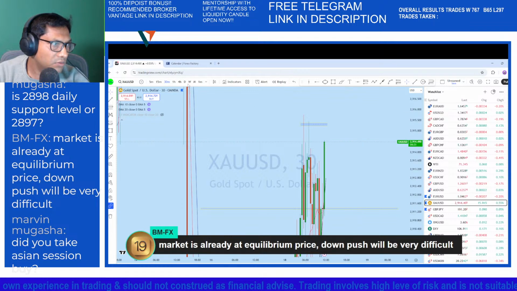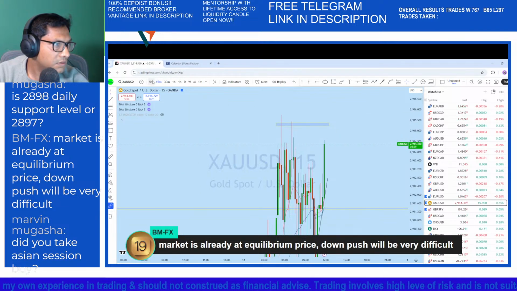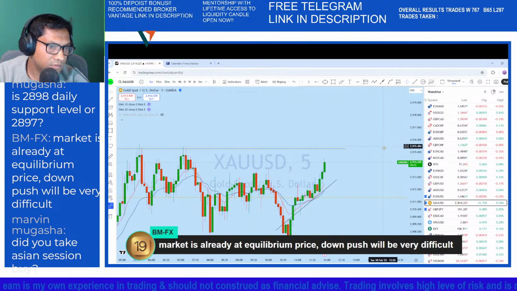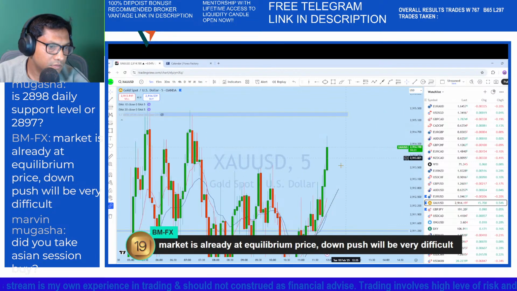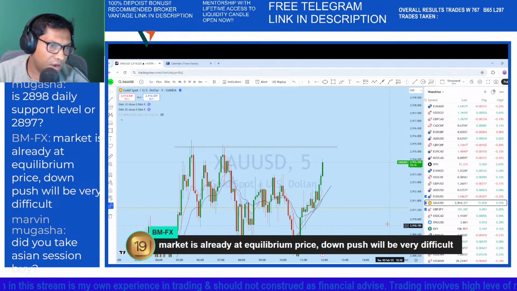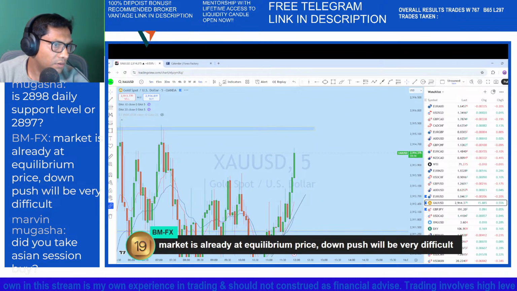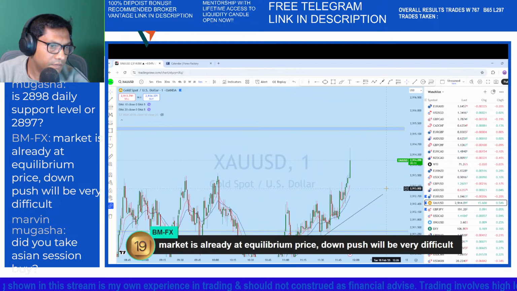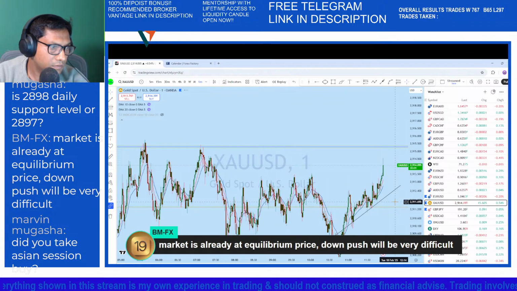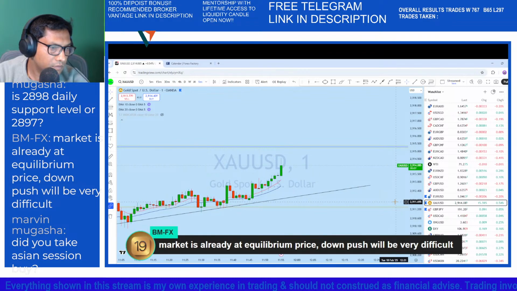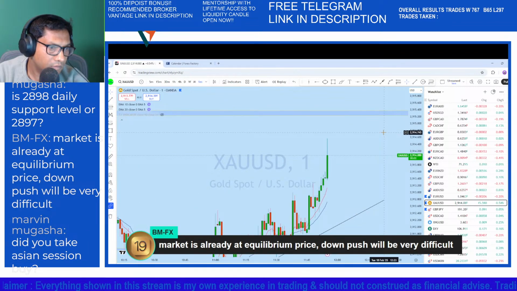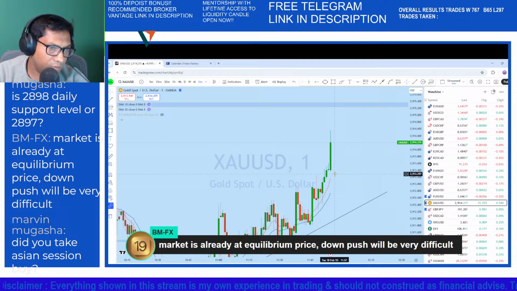Okay, with that bounce, from here, a complete breakout from this support level. Multiple liquidity candle.